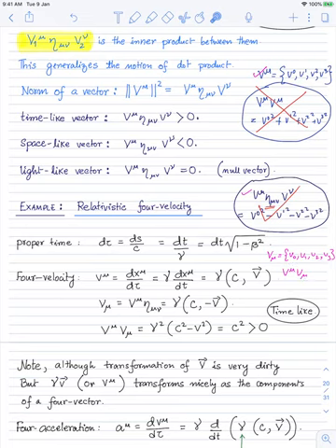And if it is written like this, then I can simply multiply.